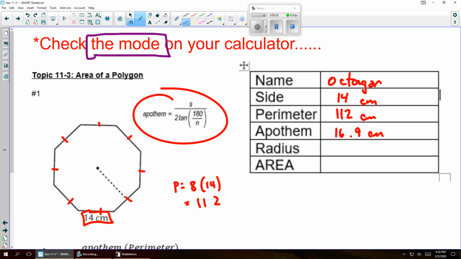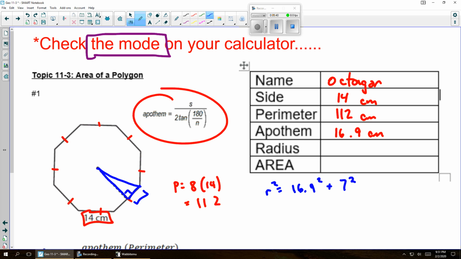Now to find the radius, again, I've got this triangle going right here. And it says the radius squared equals the apothem squared plus half the side squared.